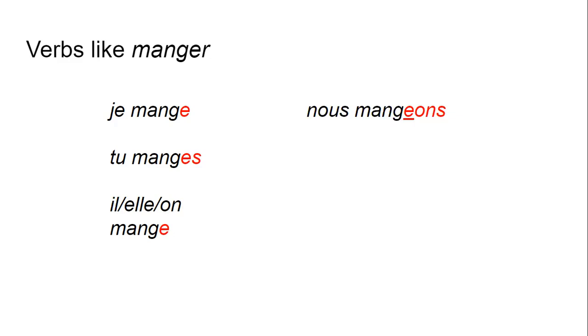So any verb where the stem, that part that comes before the ER infinitive ending, has a G right there, you're going to have to add an E in the new form. And in fact, neiger, il neige, is one of those verbs that would.